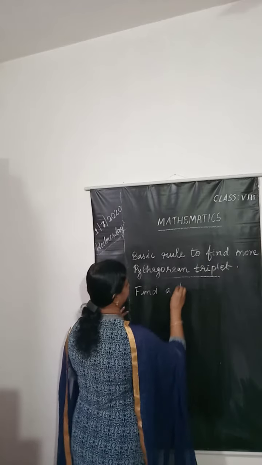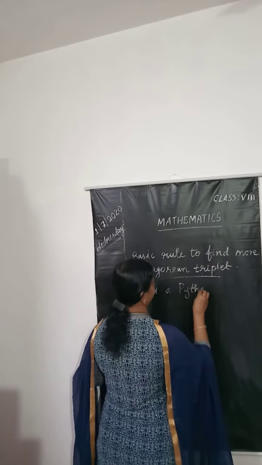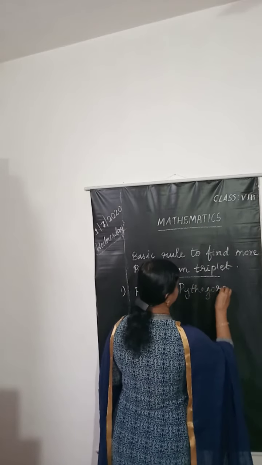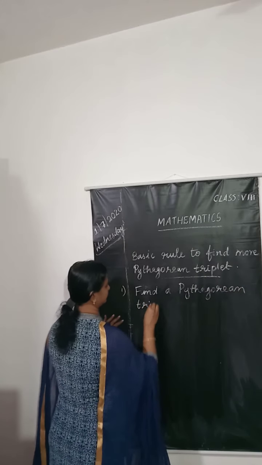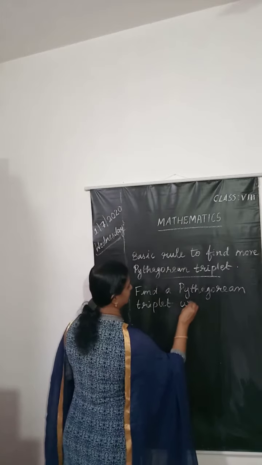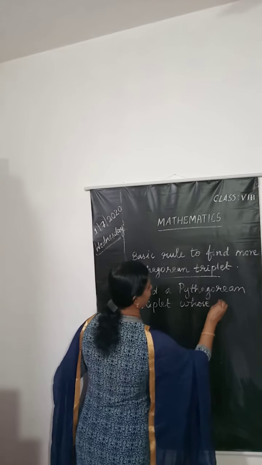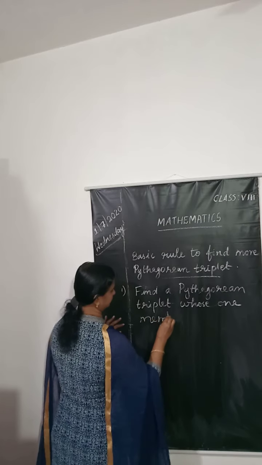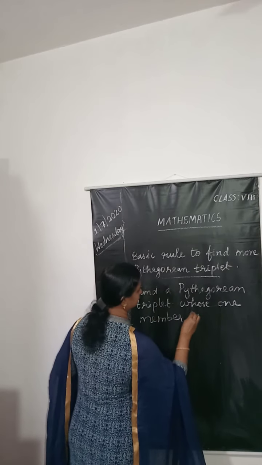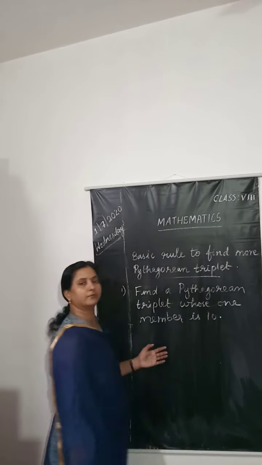Find a Pythagorean triplet whose one member is 10.